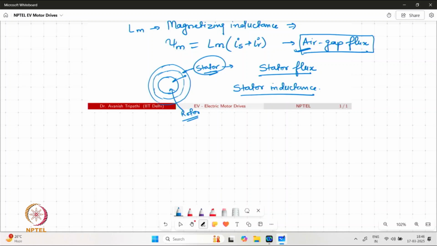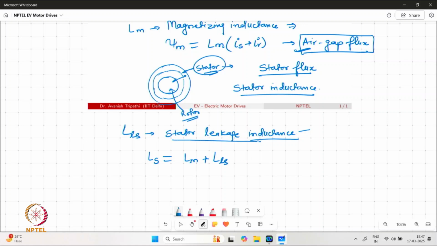Now, the other circuit element which is available in our equivalent circuit is basically stator leakage inductance. So we include this circuit element and define what is called as stator inductance, which is basically sum of the magnetizing inductance and stator leakage inductance.